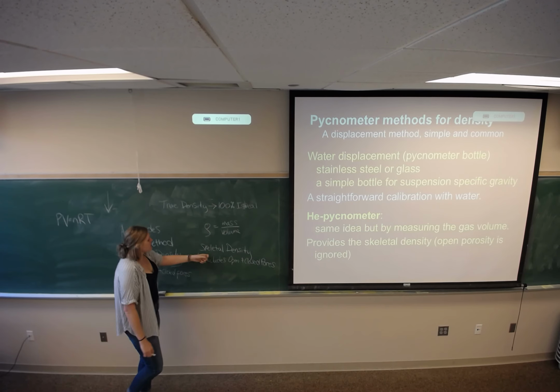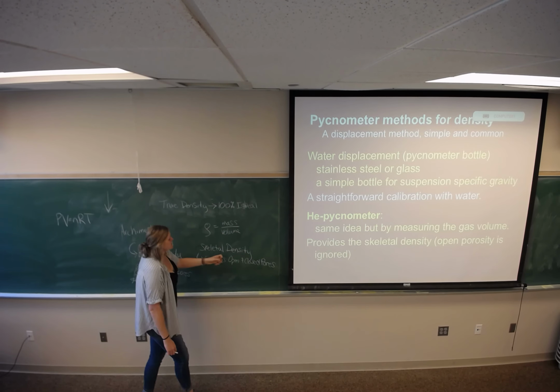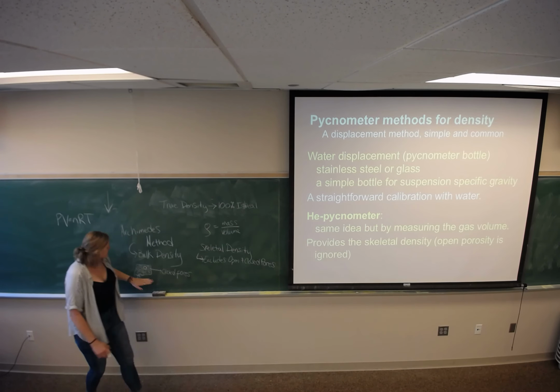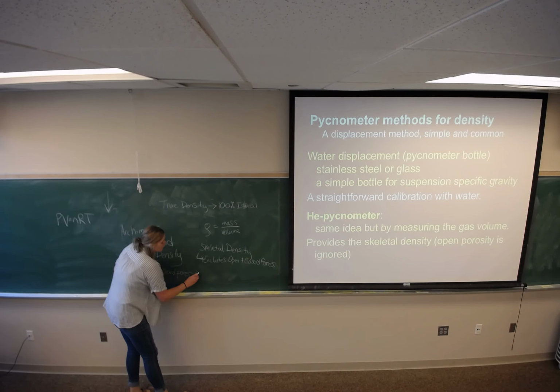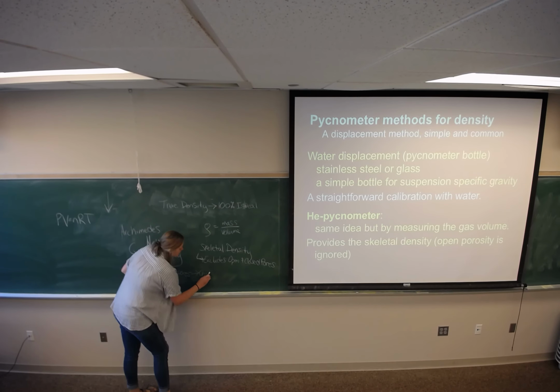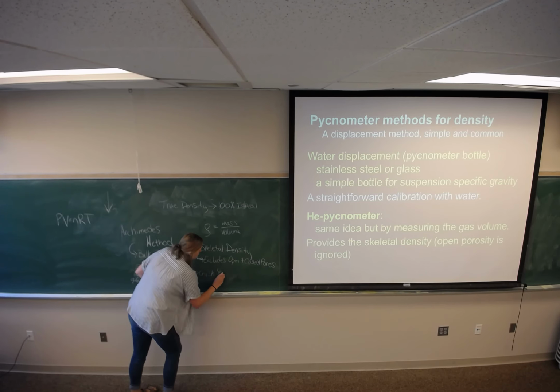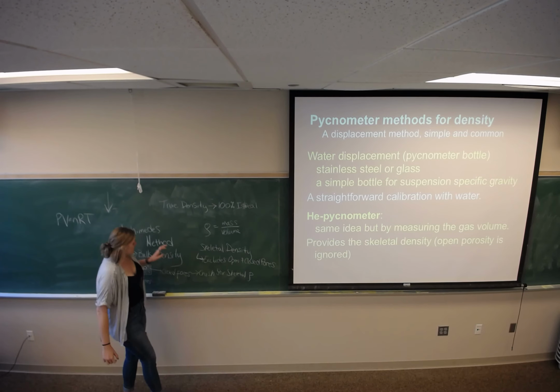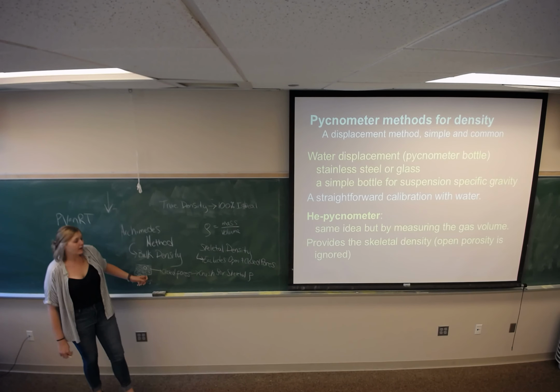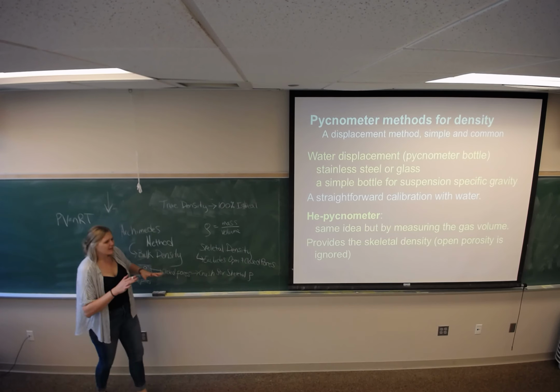The pycnometer measures a skeletal density. Oftentimes, whenever we have a sample like this, to try to eliminate as many of these closed pores as possible, we'll crush it first in order to get a more accurate skeletal density. And that's because even though the helium gas is supposed to penetrate all of the closed pores, it doesn't fully sometimes.